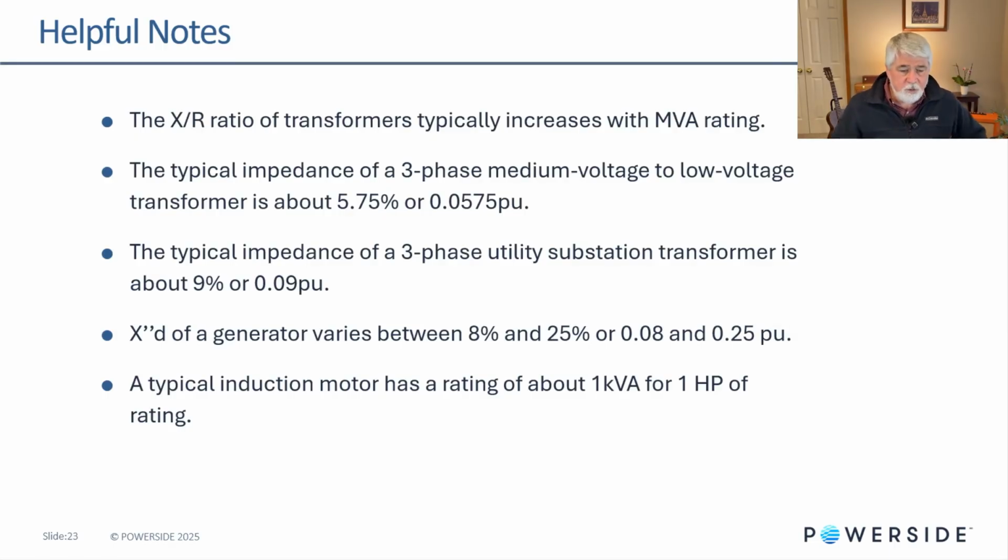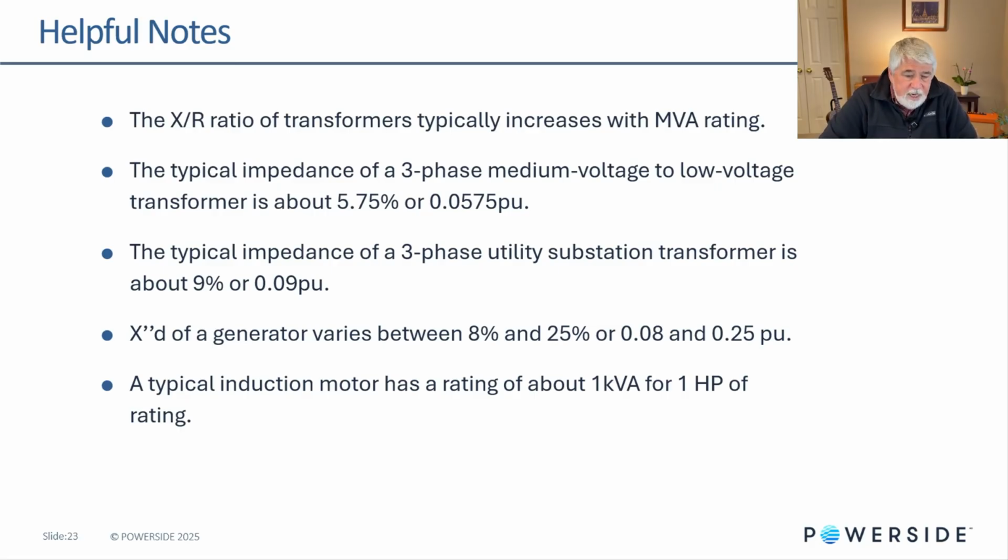Here are a few more individual items worth noting, with notes on each one of these lines. X over R ratio of transformers typically increases with MVA rating. If you want to see more details, look in the red book. There is a table that shows typical X over R ratio versus MVA.